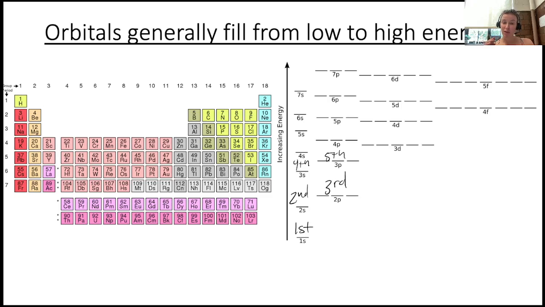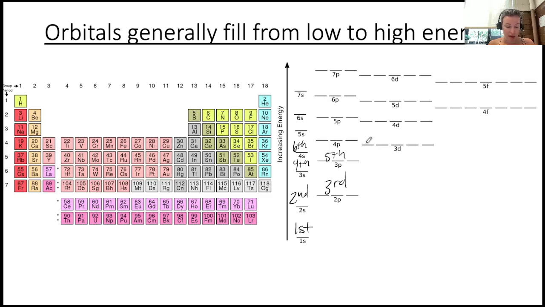It becomes a little bit more complicated when we start to have a d orbital. Up until now, we've kind of been going s, p, s, p, right? The next highest orbital from 3p is 4s. That's easy enough, so that would be sixth. But now you can see that 3d is actually lower energy than 4p.